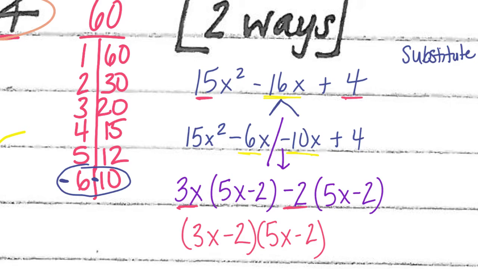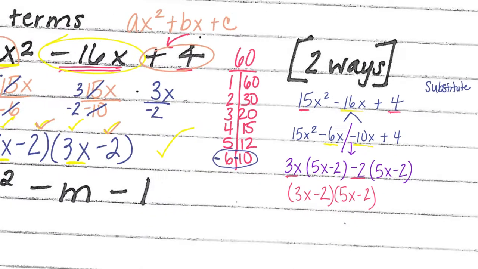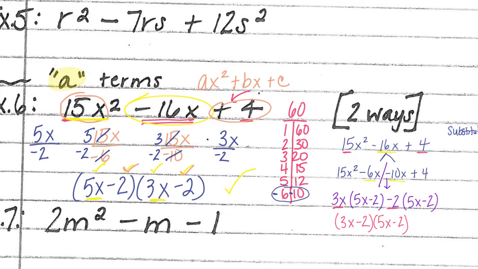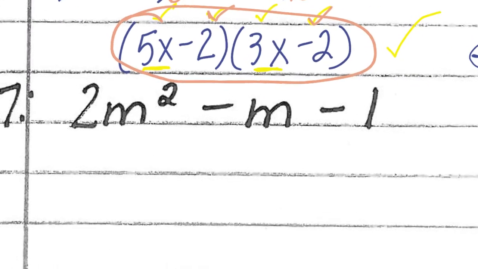So as you can see, no matter how we do it, whether I decide to use the California method or the substitution method, we get the same answer. Now, it doesn't matter if it's 5x minus 2 times 3x minus 2 or 3x minus 2 times 5x minus 2. No, because multiplication is commutative.